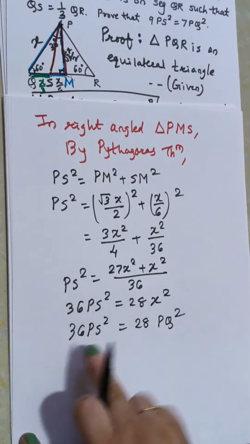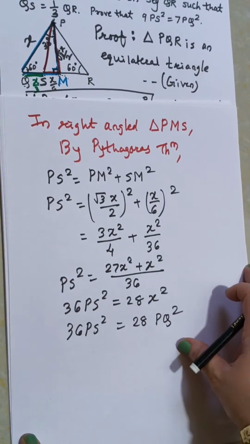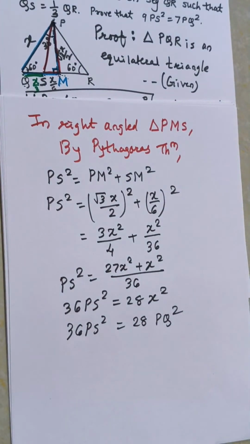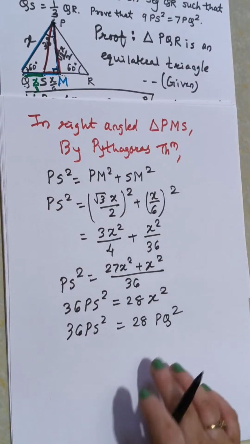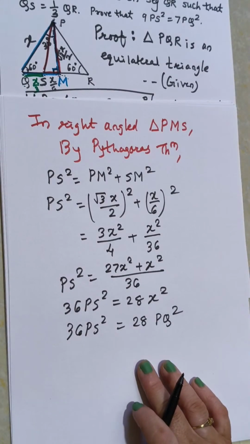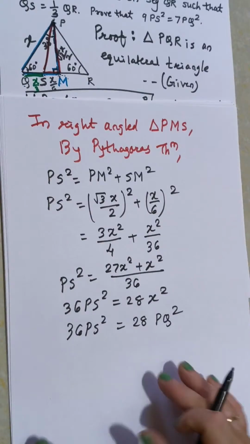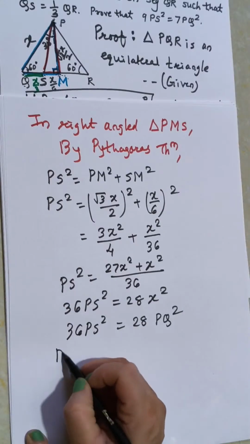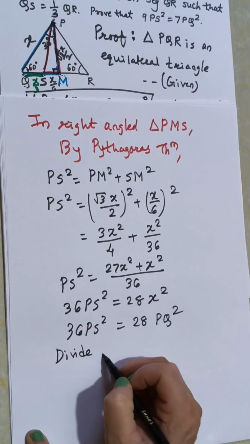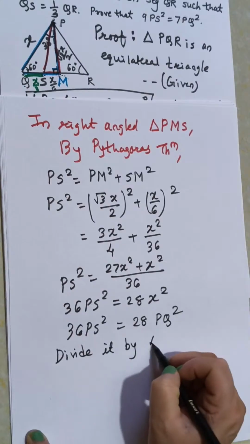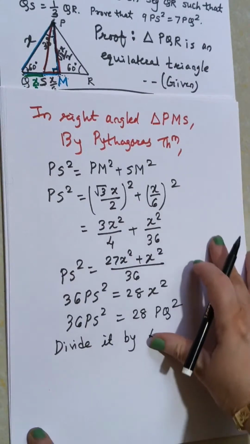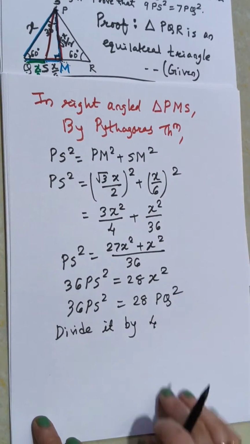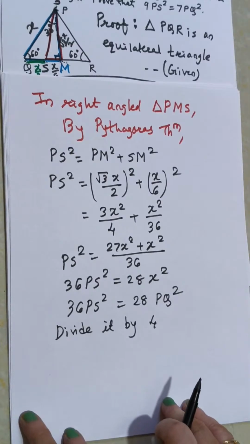Now 36 and 28 come in which common table? Do you remember? The 4 table, isn't it? So we can divide both sides by 4, because 36 and 28 come in the 4 table. Amrit, absolutely correct.